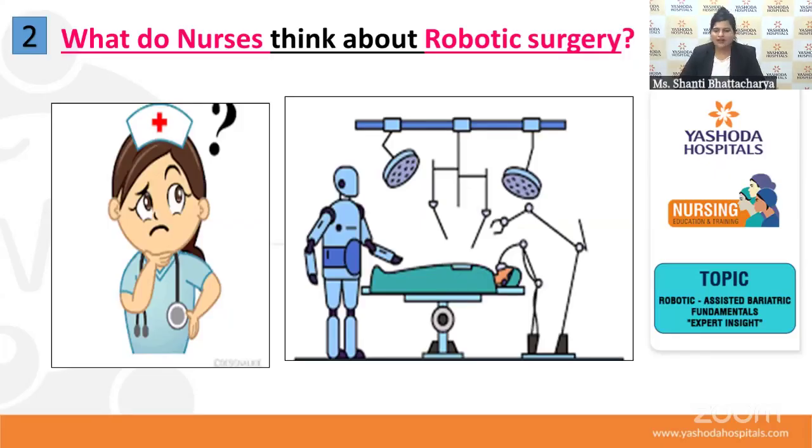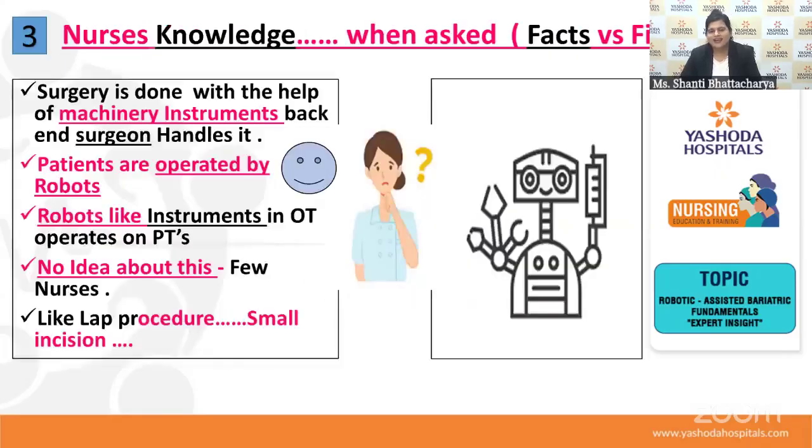When we were randomly asking the nurses, ma'am, you will be surprised, and not only nurses, even paramedical staff. A nurse who was a little senior, from one of the units, said surgery is done with the help of machinery instruments and the back-end surgeon handles it. Okay, well and good, partially she was all right.